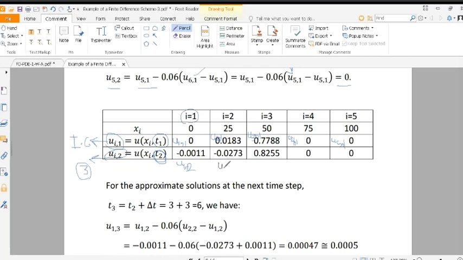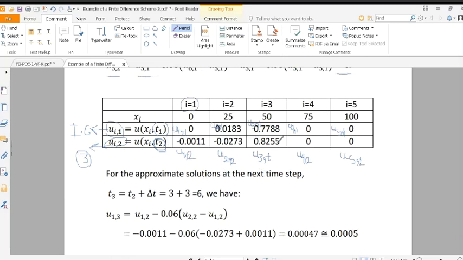The next is u(2,2), the next u(3,2), the next u(4,2), and the last is u(5,2). Until now, we have the value of u at t1 and t2.